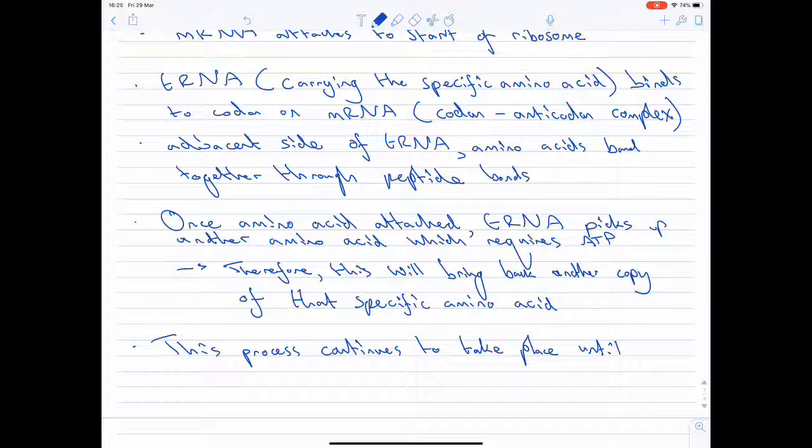So we're going to say here, until the, instead of end we'll say stop codon reached on mRNA.